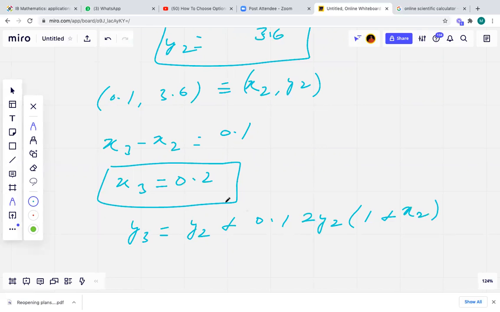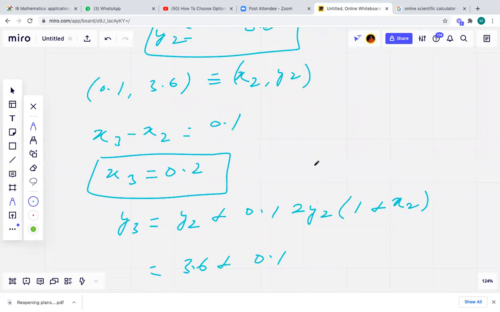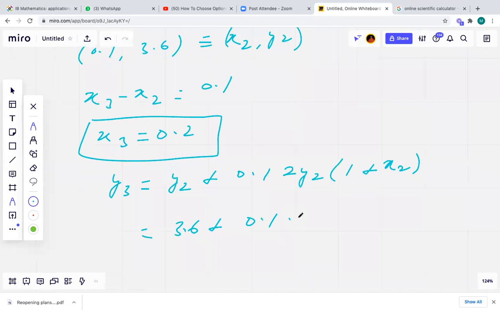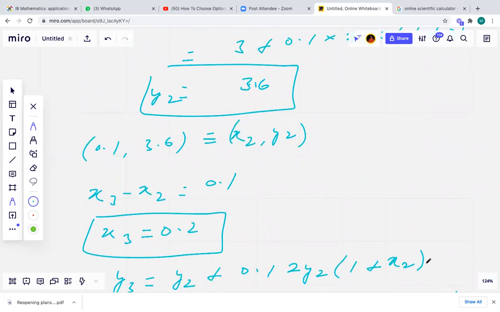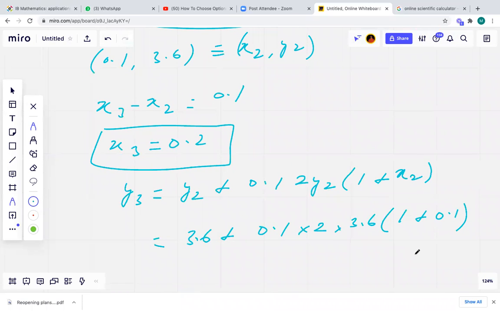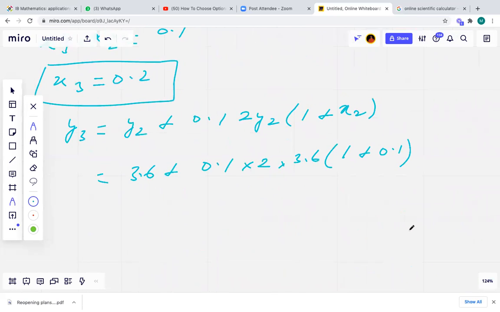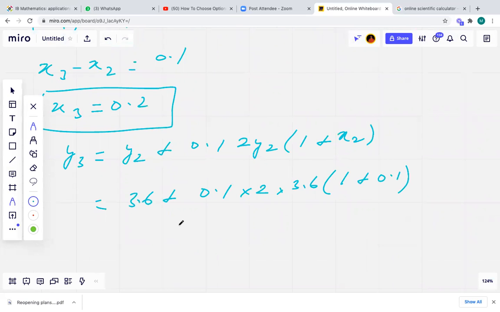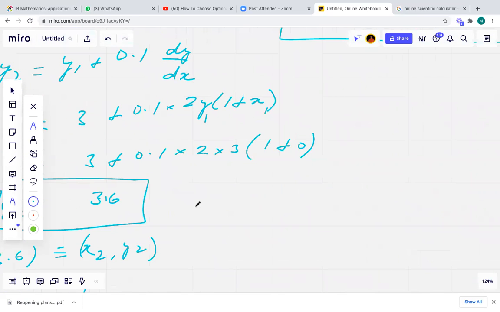So y2 was 3.6, plus 0.1 into 2 into 3.6 into 1 plus 0.1.